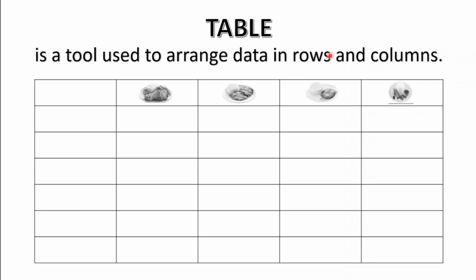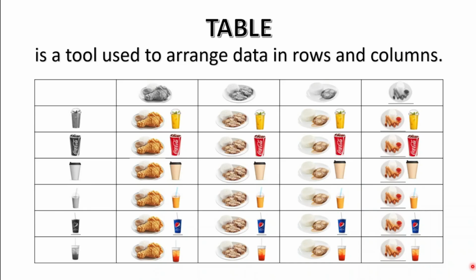We can just put all our rice meal choices on the first row and all our drink choices on the first column. And on the cells where they intersect, for example, the chicken rice meal and the pineapple on this cell, and the Shanghai roll with rice and the iced tea on this cell, that's where the value meals will be.